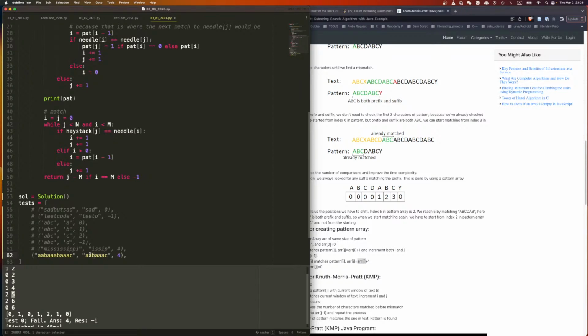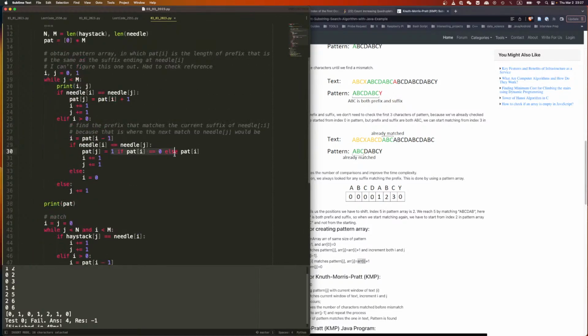And if these two match, because for this we say, at this position I say pattern I minus 1 plus 1.